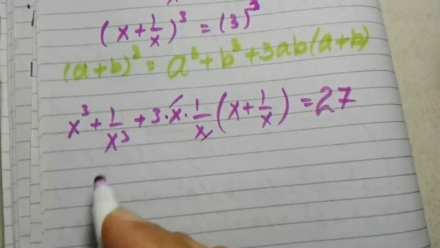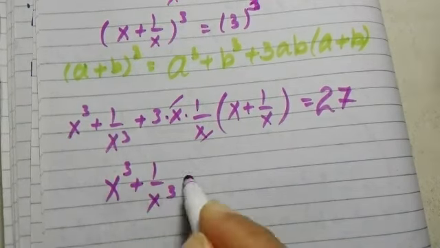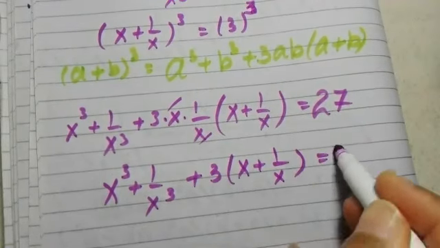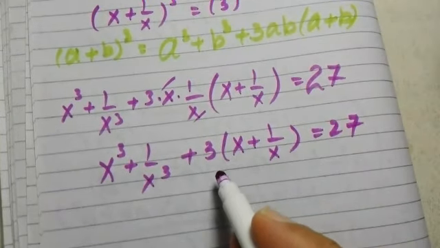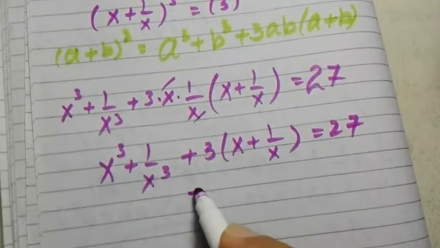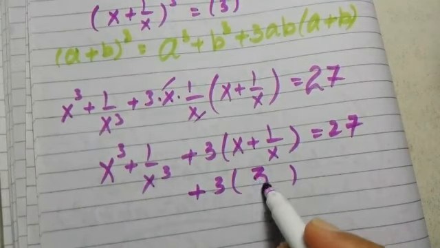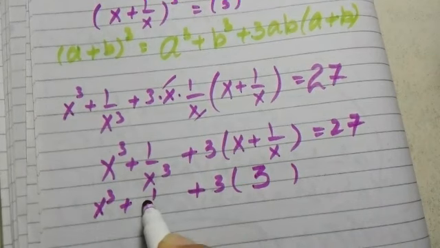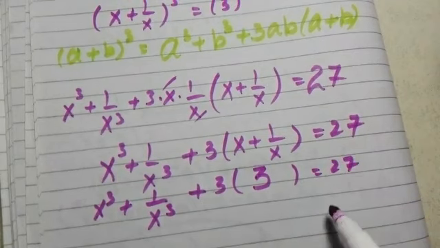We will get x cubed plus 1 over x cubed plus 3 times x plus 1 over x equals 27. So what will you do? Because in the beginning of the question x plus 1 over x is equal to 3, so substitute its value.